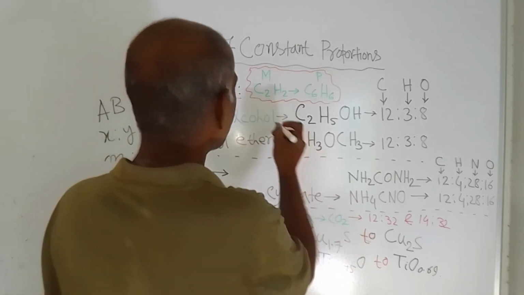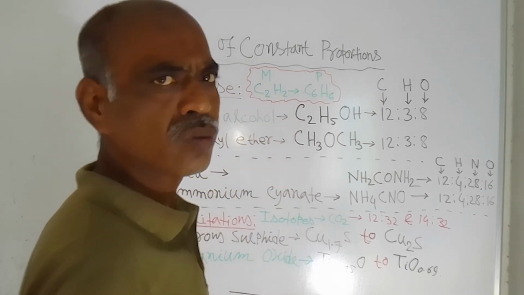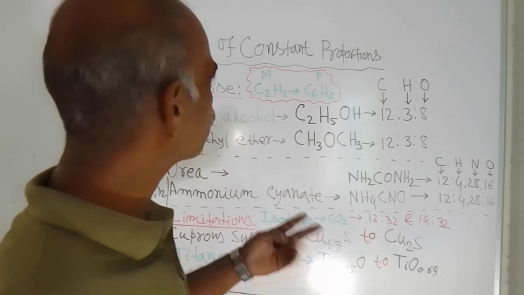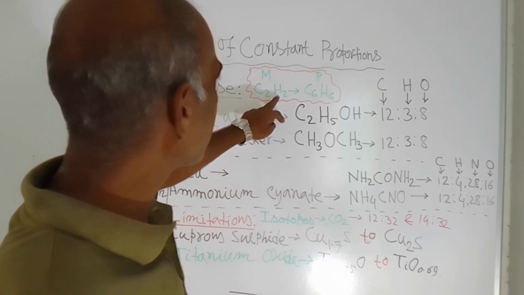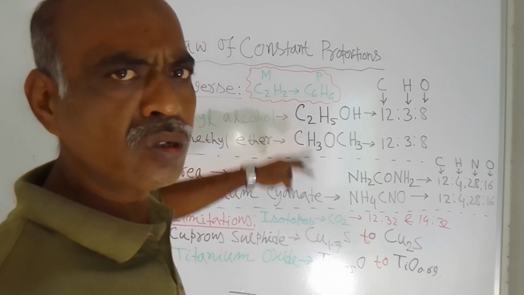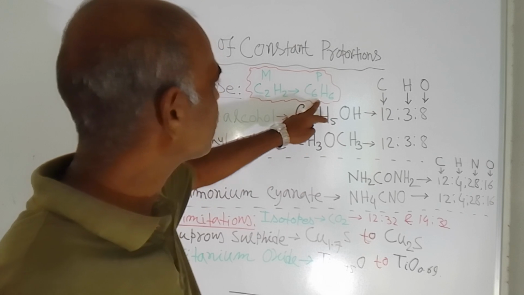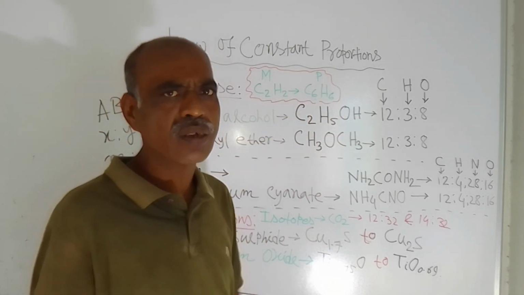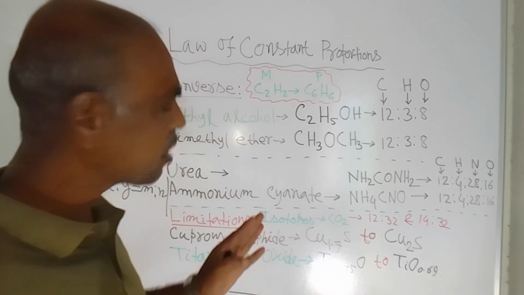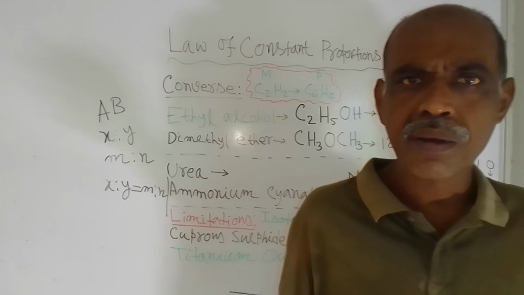For acetylene, the mass ratio should be 12 into 2 and 1 into 2, means 12 is to 1. Here 12 into 6 and 1 into 6, means again 12 is to 1. So we can see that mass ratios for acetylene and benzene remain the same.